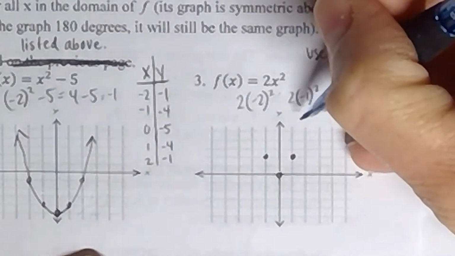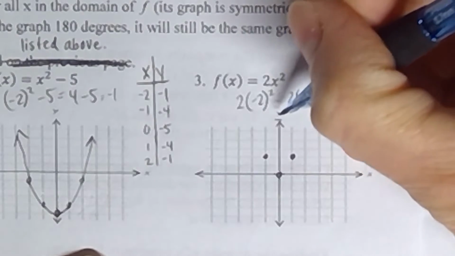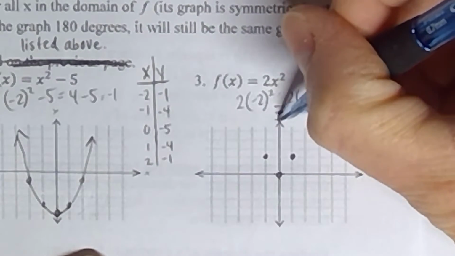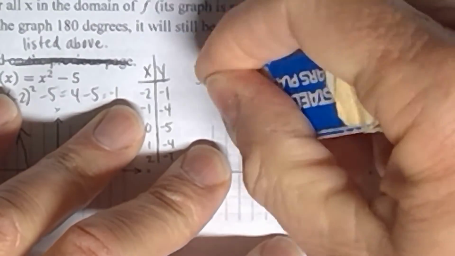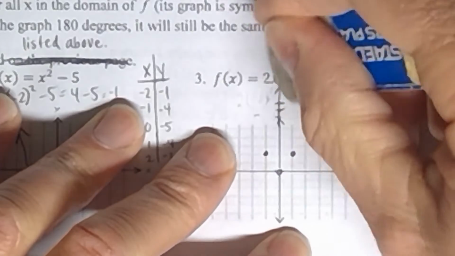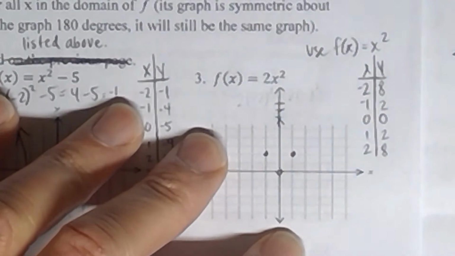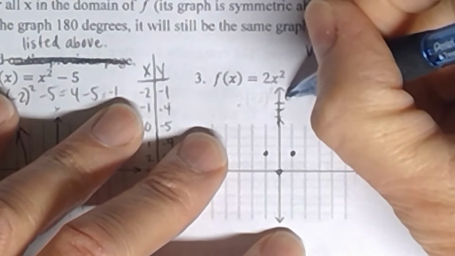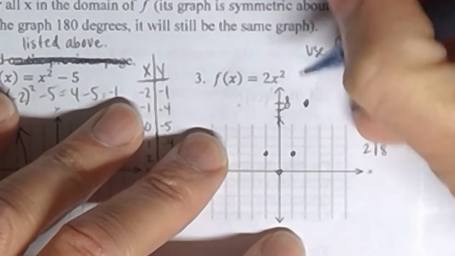So I'm plotting these points here, 5, 6, 7, 8. So there's 8 right there. Here's where 8 is, right? So if I plot those, I get that right there and this one right here.